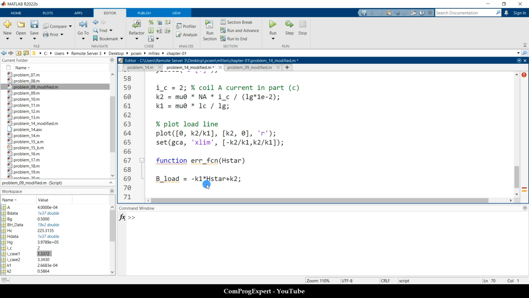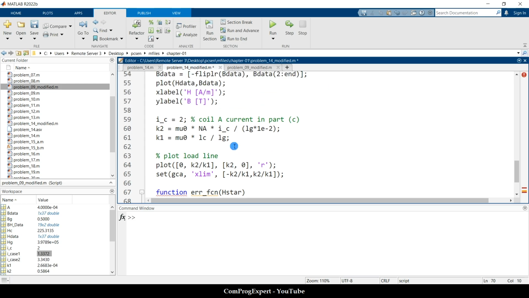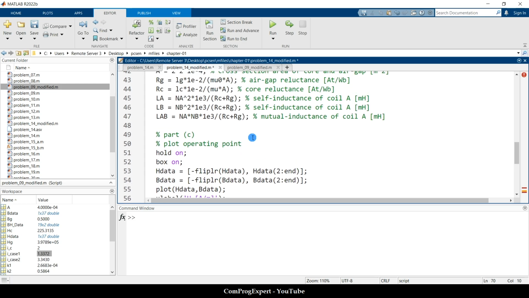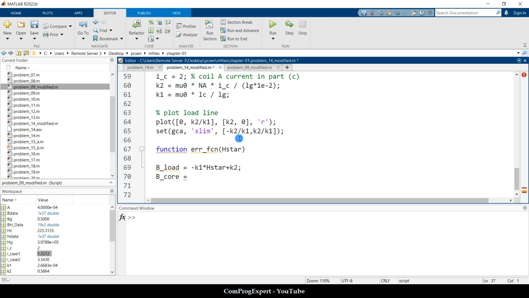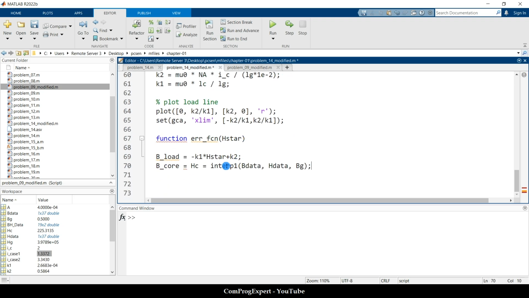And what is the value of B core? We can use one-dimensional interpolation like before. We had this one, but in this case, we have H data and B data here. This is the value of H star.